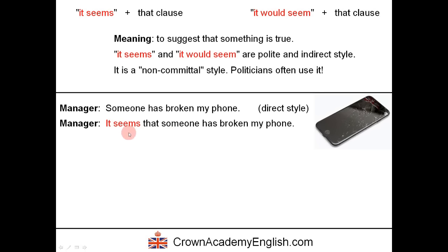So he's being very diplomatic. He doesn't want to create a conflict. And this is the same meaning. It's just a different way of saying it. It would seem that someone has broken my phone. So again, this is polite, indirect, diplomatic, and the reason is he wants to avoid a conflict. So he's suggesting the idea that someone has broken his phone. So it's very diplomatic.